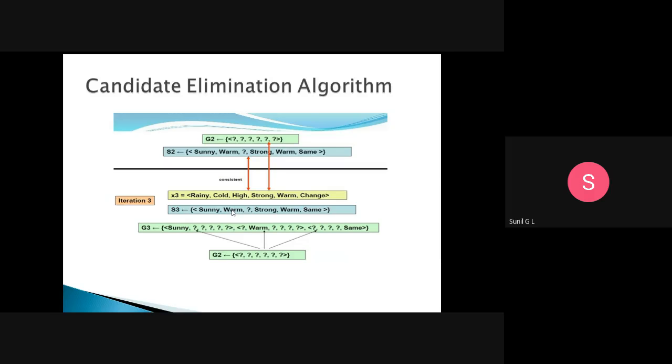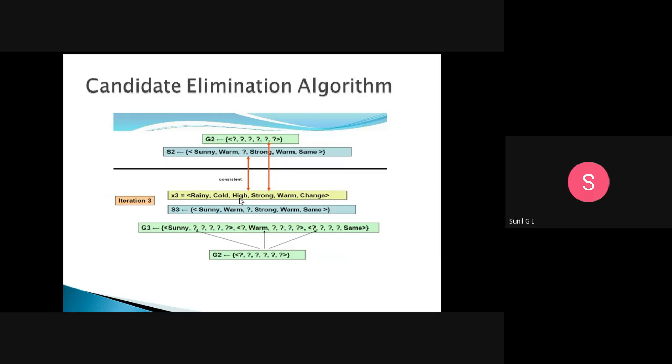So in second position, keep the specific hypothesis value in the general hypothesis, and in all other positions put a question mark. So the first one is question mark, second one is warm, and third, fourth, fifth, sixth are question mark. That is, when the values are different, keep the specific hypothesis value in the general hypothesis.